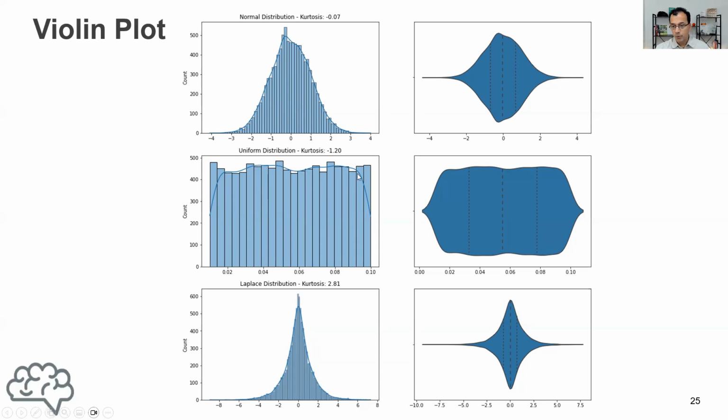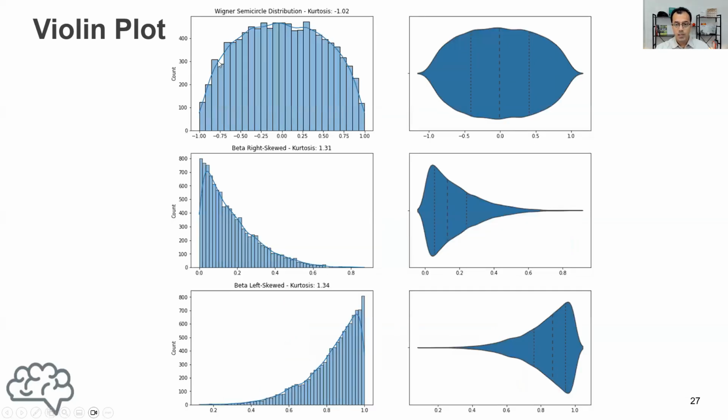Then we have the uniform distribution. It's uniform, but we can also see some bumps here, and they represent the bumps that we also see in the histogram. And in this case, we have a normal distribution, but a very peaked normal distribution. And this also is represented in the violin plot here on the right-hand side.